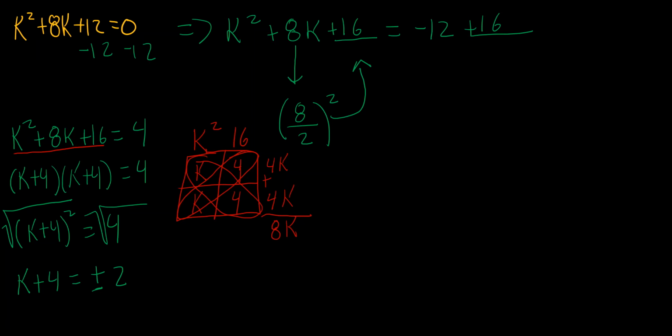So now it's time to get our solutions. If it was a positive 2, you'd have k plus 4 equals positive 2. We minus 4 from both sides. k is going to equal negative 2.